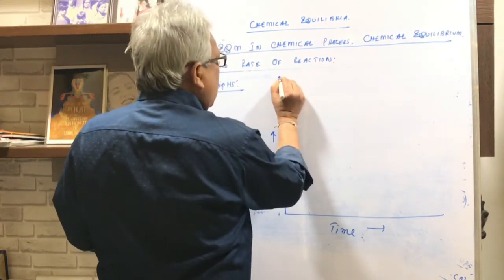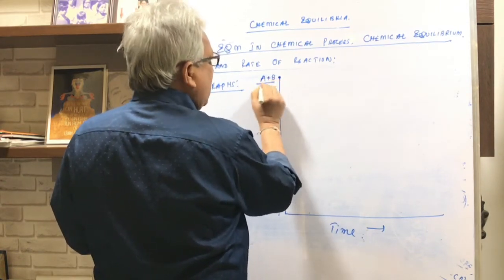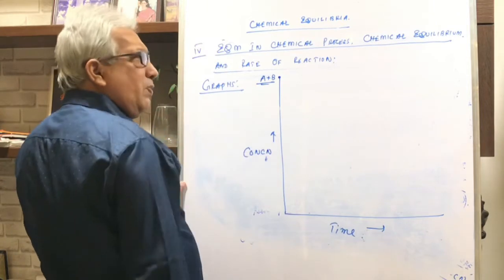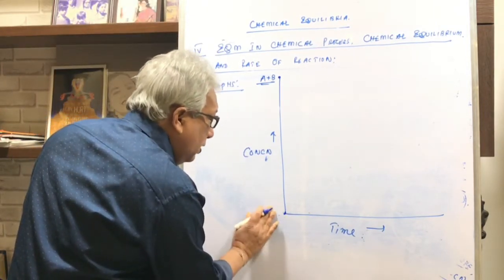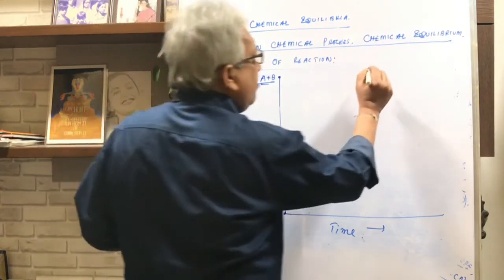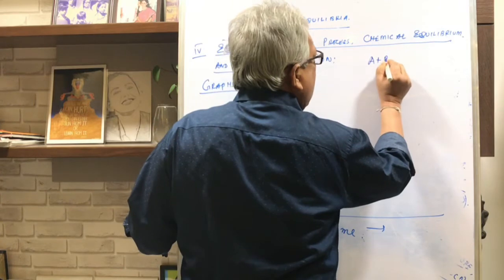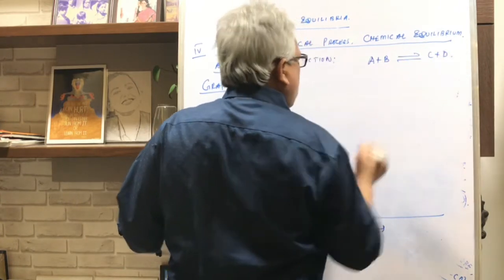Now in the beginning, let's say this is concentration of A and B, that is reactant. In the beginning there is no formation of C and D before the reaction has started. So this is the concentration of C and D, and I am referring with respect to A and B in equilibrium with C and D. I am talking about this reaction.